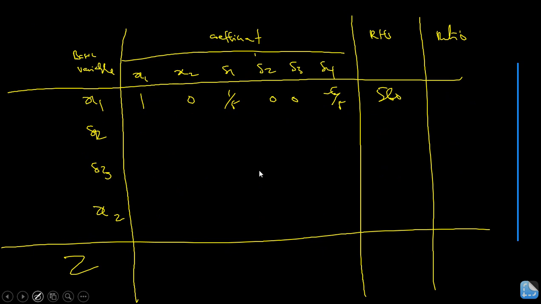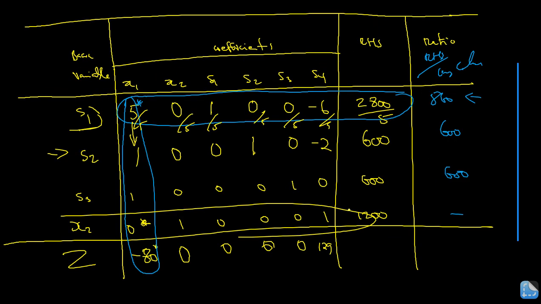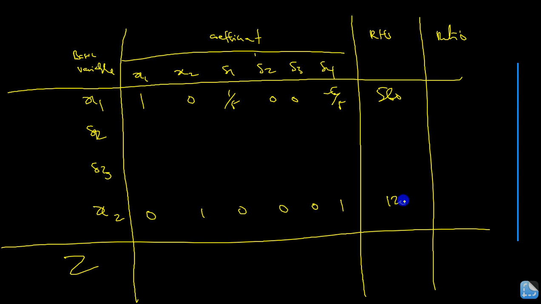So we are going to lift it and then say 0 here, then we have 1, 0, 0, 0, 1, and 1200, like that.